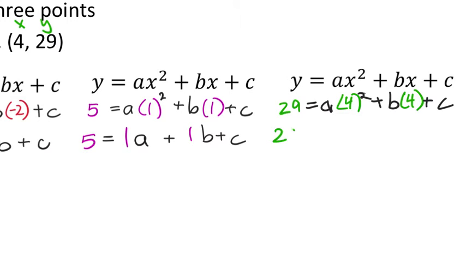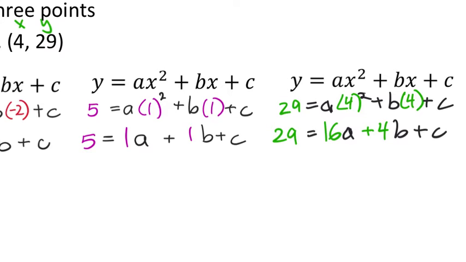And we'll simplify this. So 29 then equals 4 times 4, which is 16a, and then plus 4b, and then plus the c. This is my third equation.